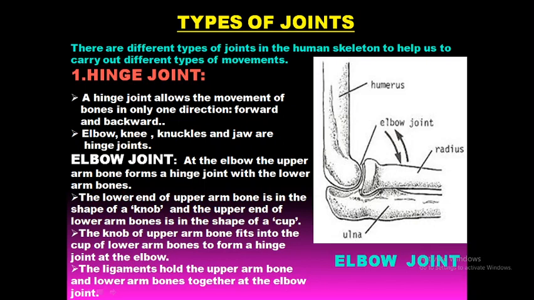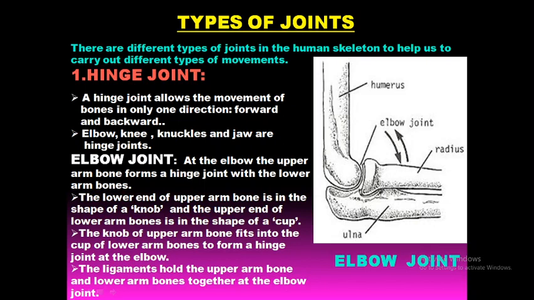All of you, look at your elbow. The elbow can be moved in only one direction, forward and backward. Even if you try, the elbow cannot be moved in all directions. You can also see the knees, the knuckles, and the jaws can only be moved in one direction, forward and backward.